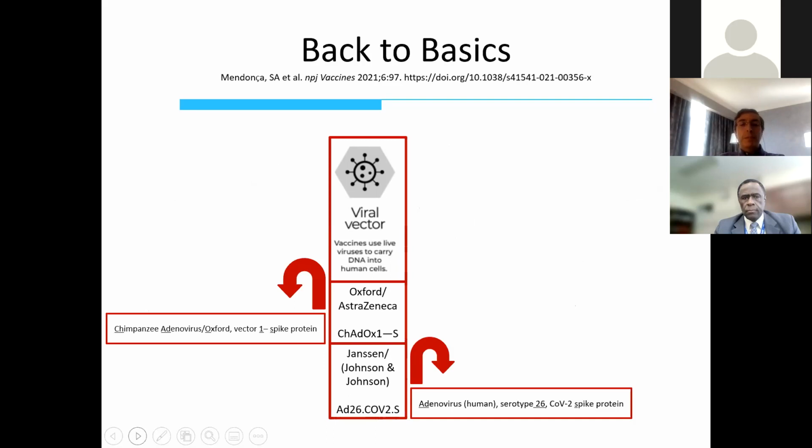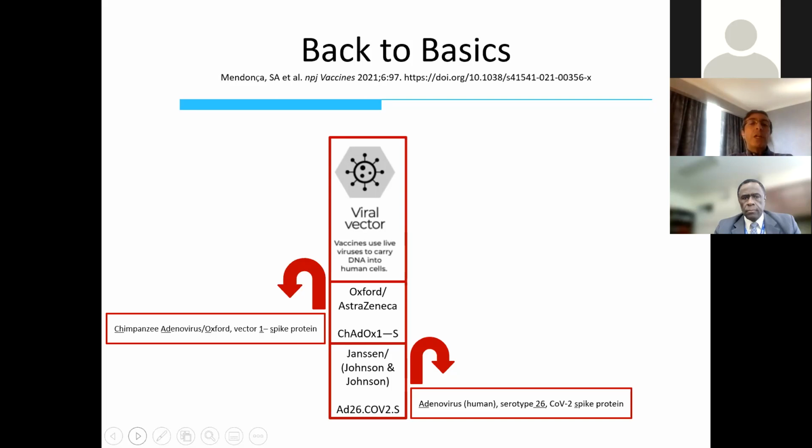So the proper terms, the ChAdOx1S or Ad26 COVID-2S, reflect what the greater name explains.